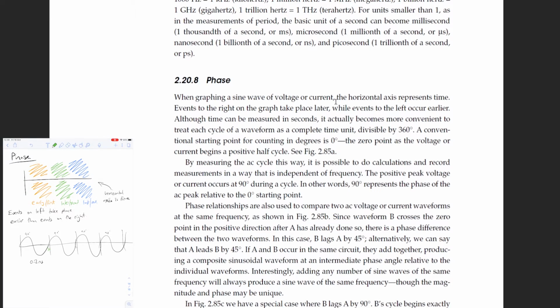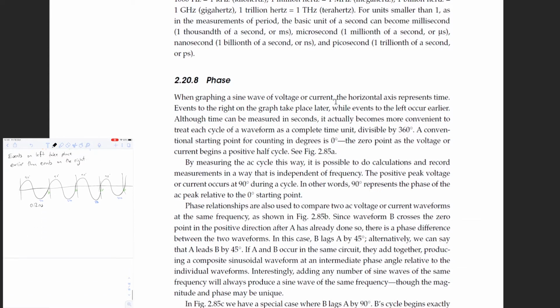And then you've got 360 here, 360 here, 360 here, 360 here. Do one more: 270, 270, 270, 270. Okay. So let's just write that down.